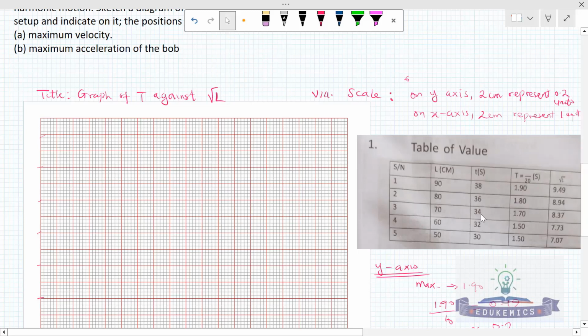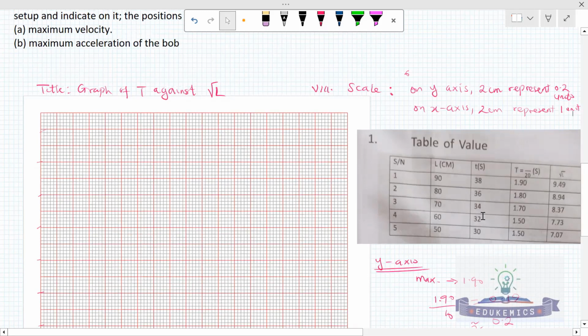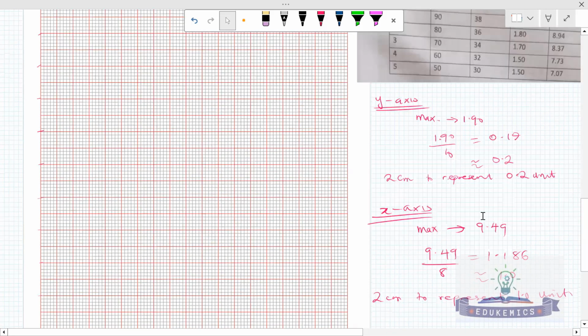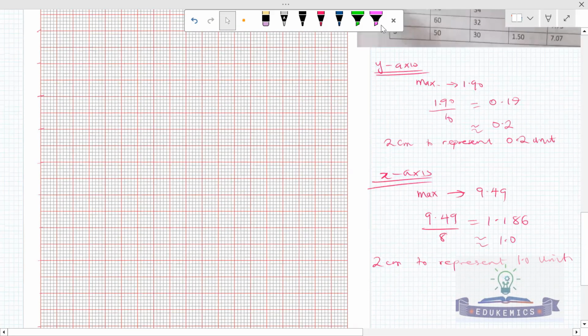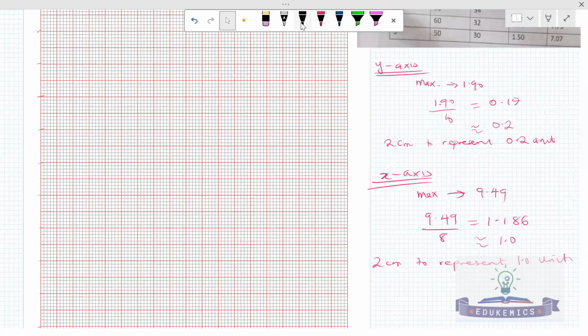Okay, so having gotten that, we can now plot our graph. So let's draw our line. Let me make this smaller.